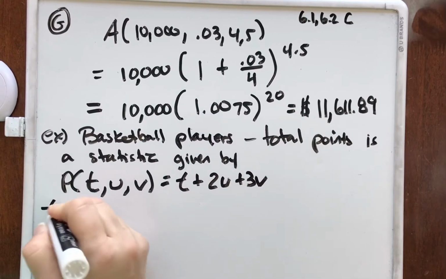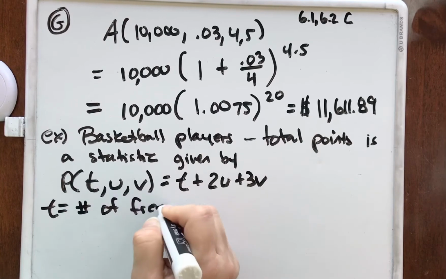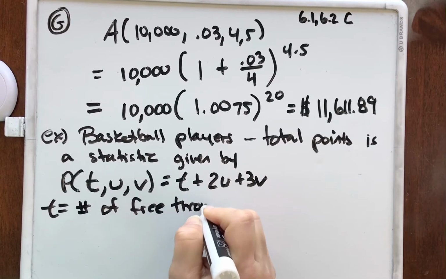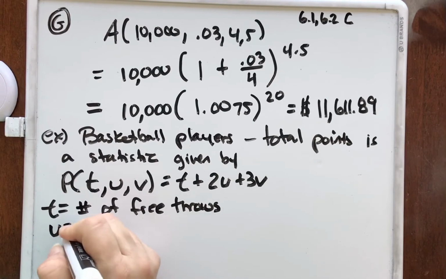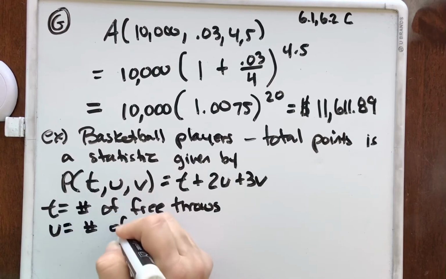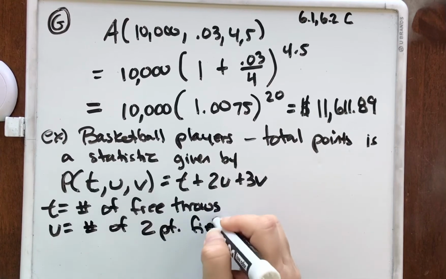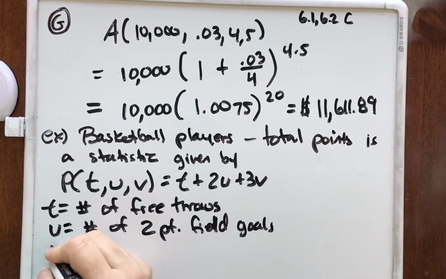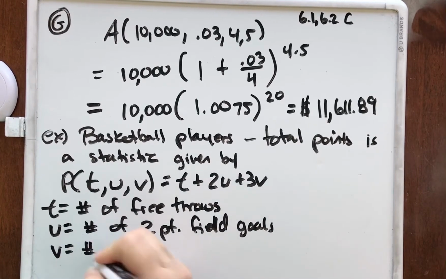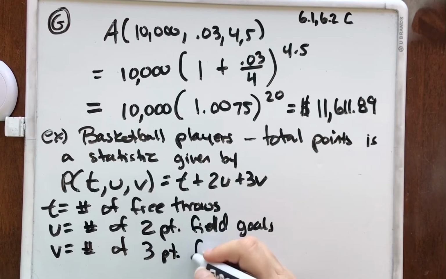Now T stands for the number of free throws, and U is the number of 2-point field goals. And V, you guessed it, is the number of 3-point field goals.